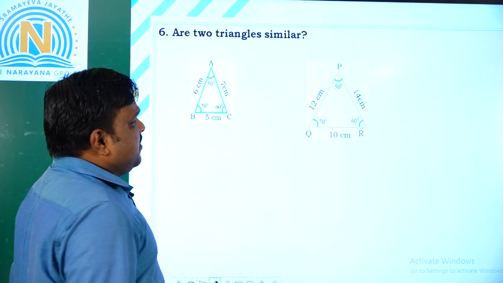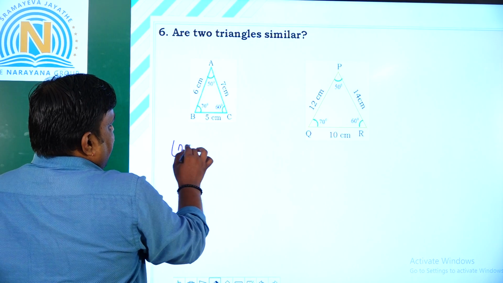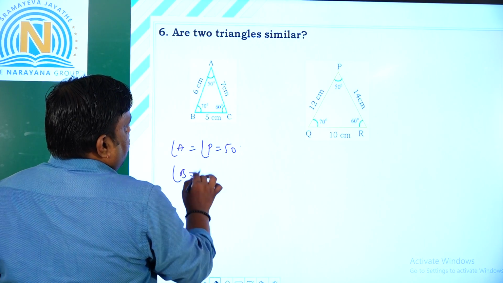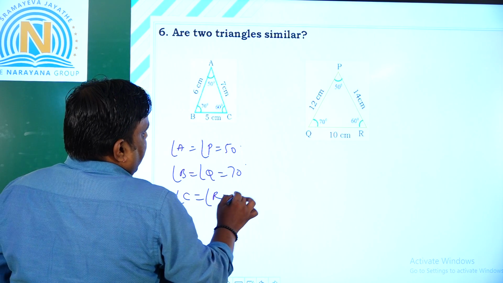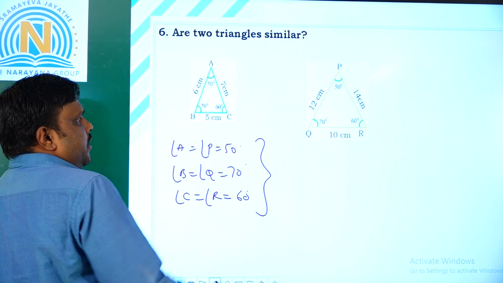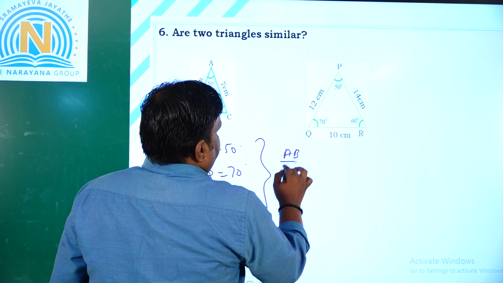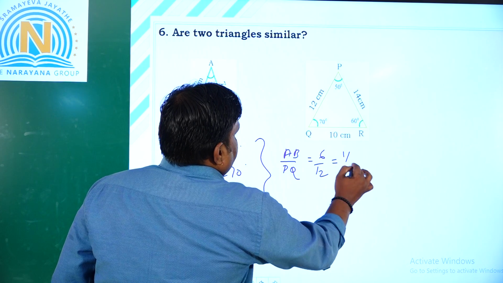Are the two triangles similar? First let us compare the angles. Angle A is equal to angle P, that is 50 degrees. Angle B is equal to angle Q, that is 70 degrees. Angle C is equal to angle R, that is 60 degrees. The angles are equal. Now let us check the ratios of their sides. AB by PQ is equal to 6 by 12, that is 1 by 2.